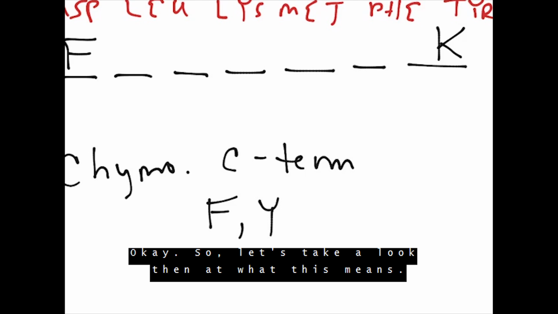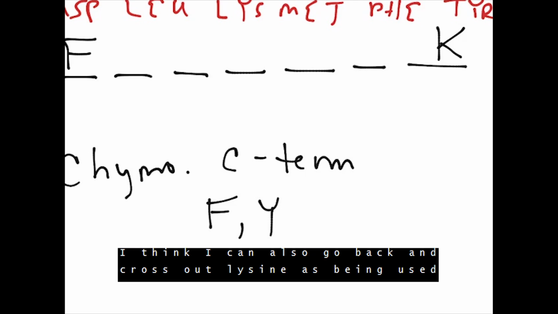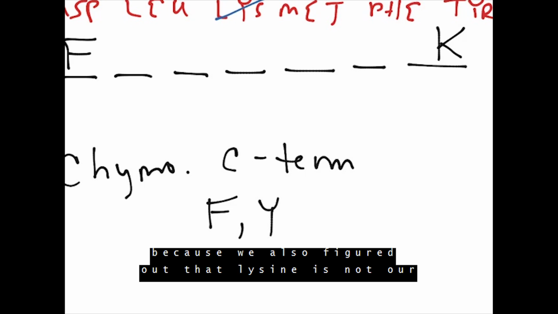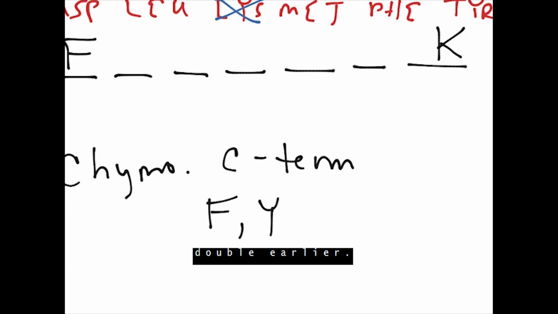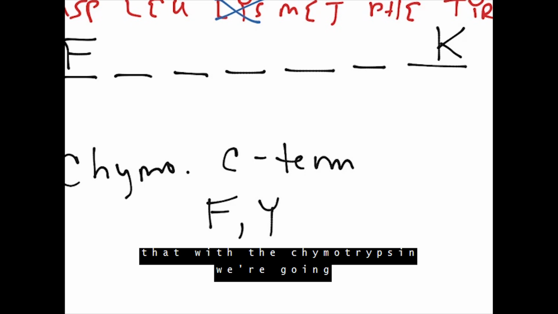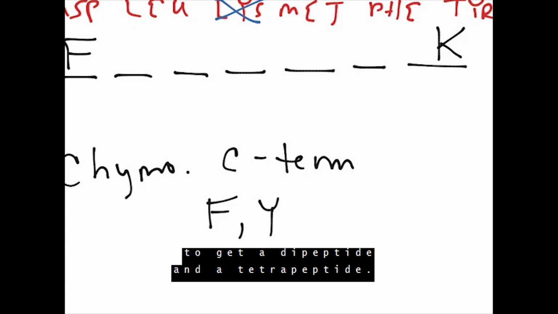Okay, so let's take a look then at what this means. And I think I can also go back and cross out lysine as being used because we also figured out that lysine is not our double earlier. So we know that with the chymotrypsin we're going to get a dipeptide and a tetrapeptide.